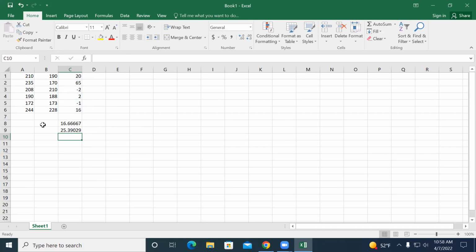So this here is mu D, and this is S. That's the easiest way to find them. For mu D, equals AVERAGE and then select the cells you want it to take the average of, so the differences cells.